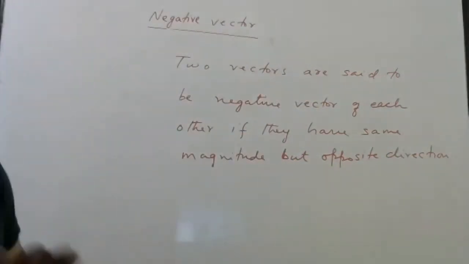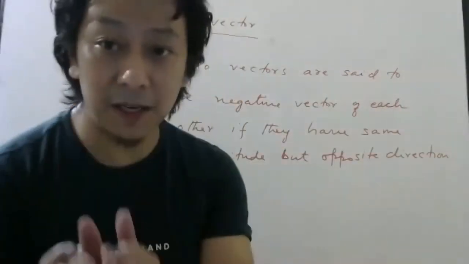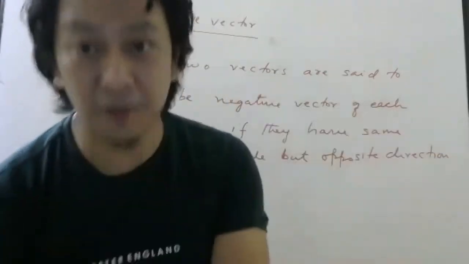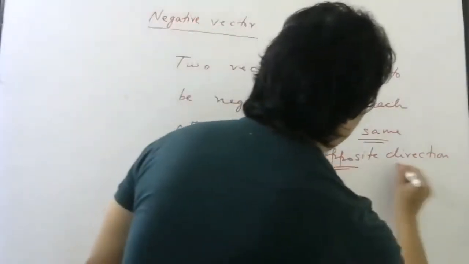So two vectors are said to be negative vector of each other. That is, A bar is minus of B bar or B bar is minus of A bar, provided they have same magnitude, but it should be opposite direction.